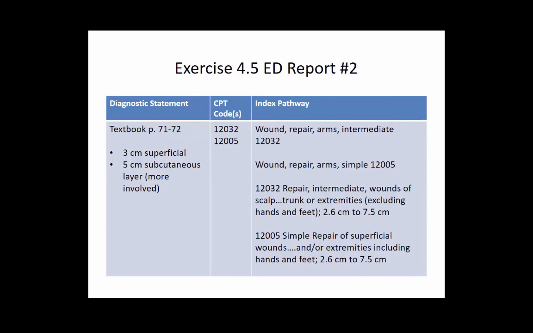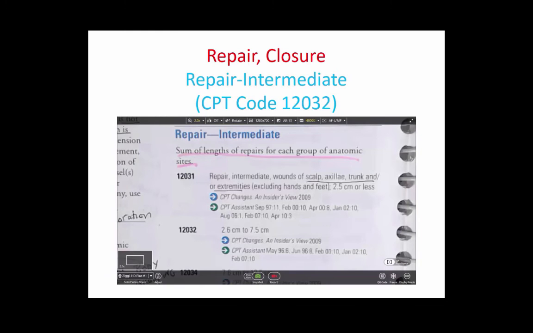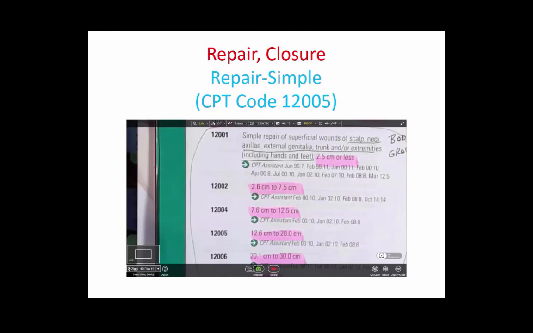Then your simple repair would go next. And here they are. There's the intermediate repair. And here's your simple repair. Again, you would read your guidelines around these codes so you don't miss anything.